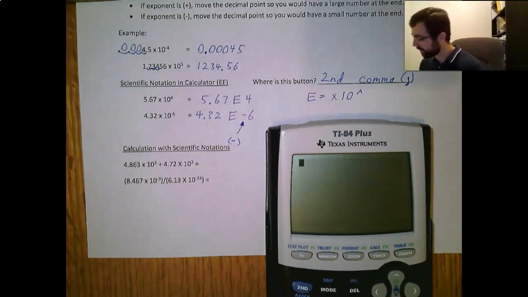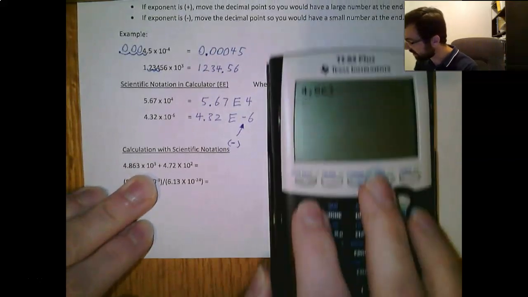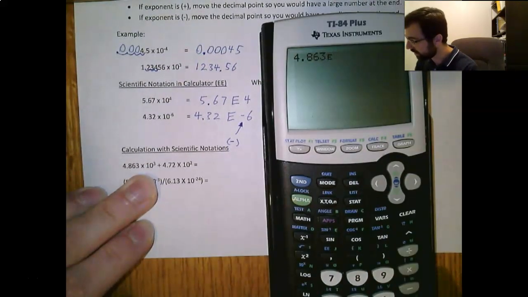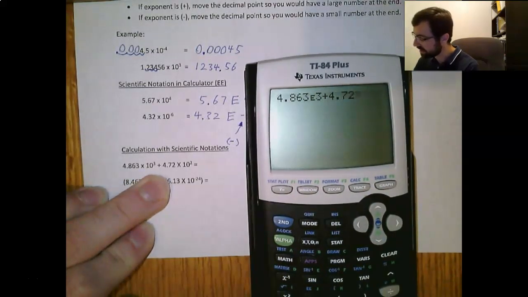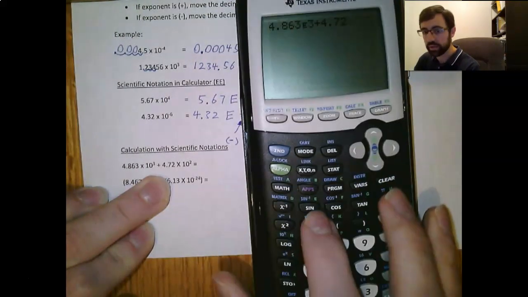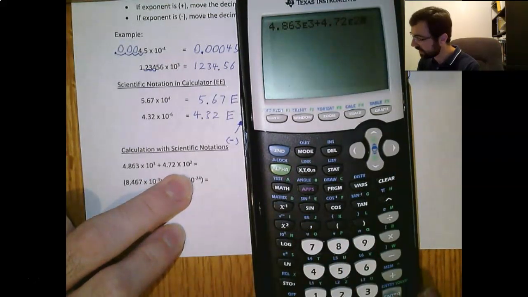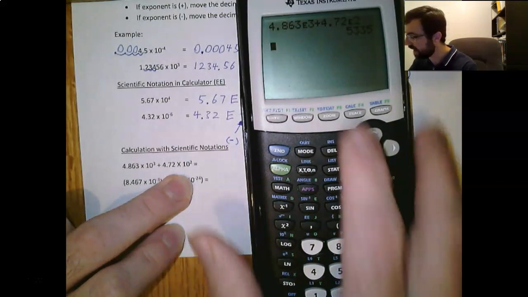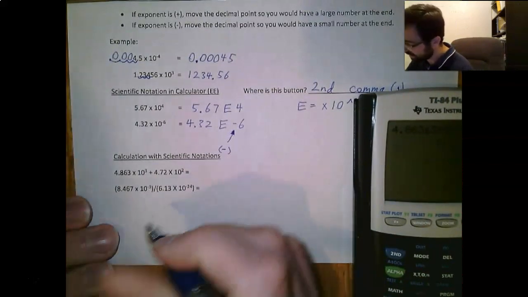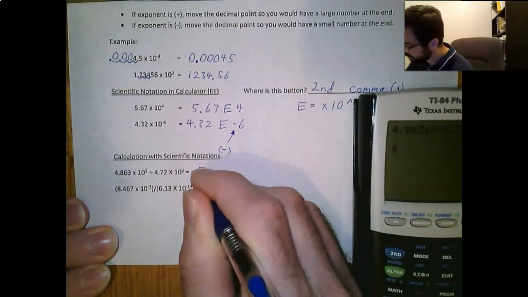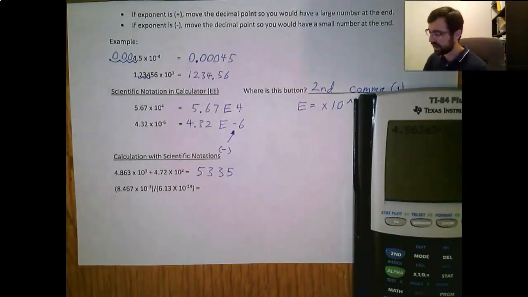The first one, we're going to type in 4.863 times 10 to the third, that's second, comma, 3, plus 4.72 second, comma, 2, equals, and you should get 5,335. That's the answer it should give you. 5,335.